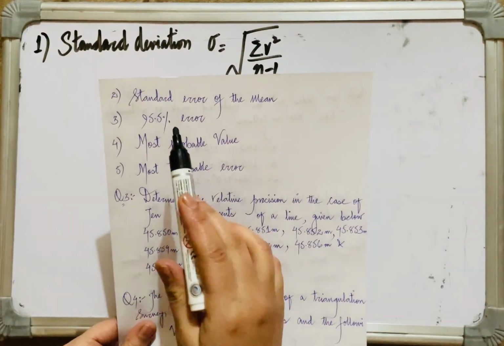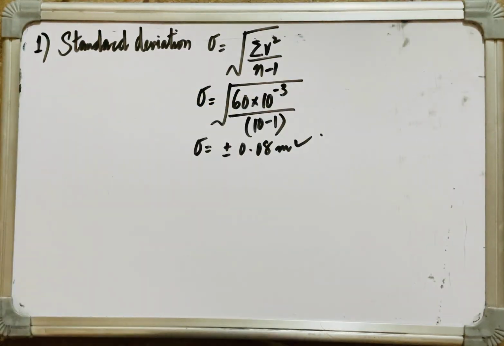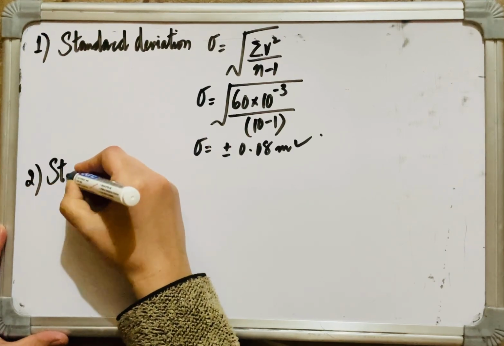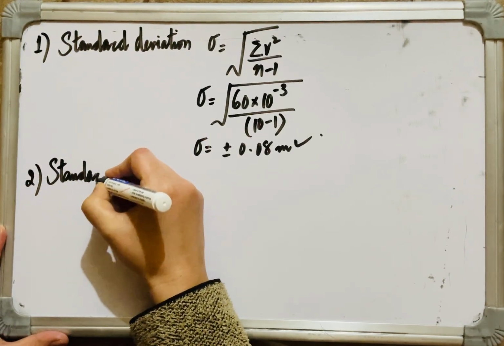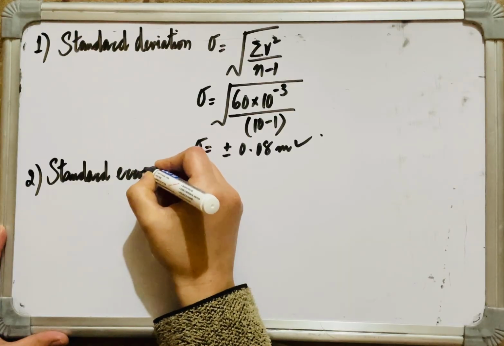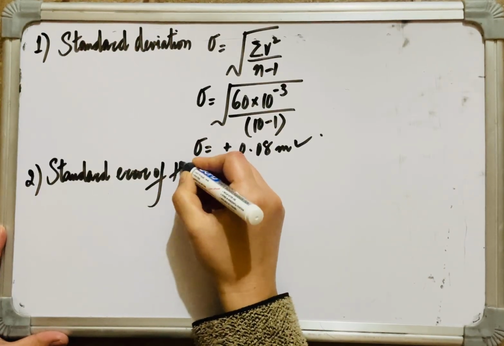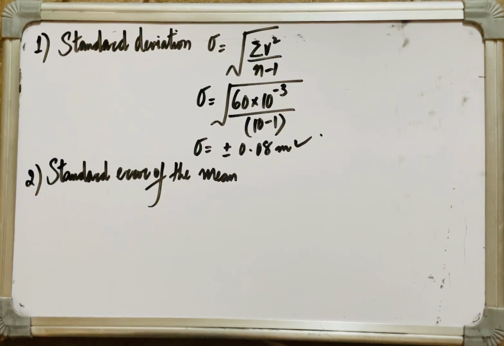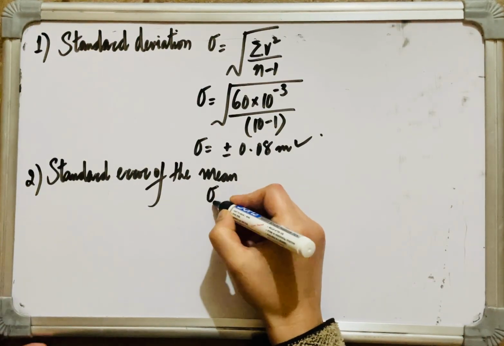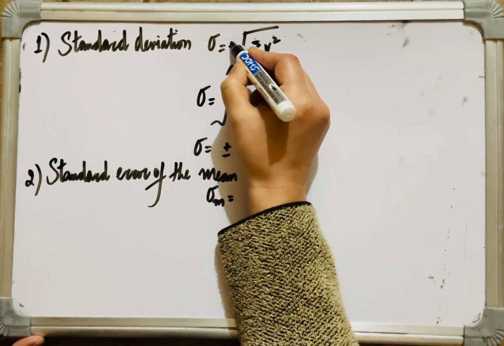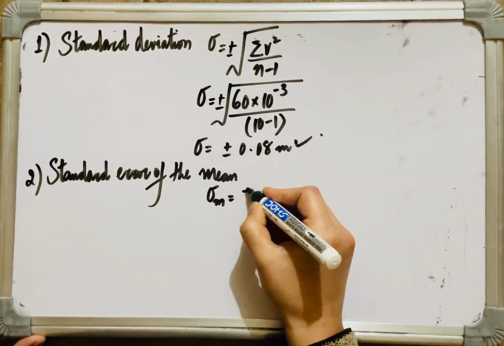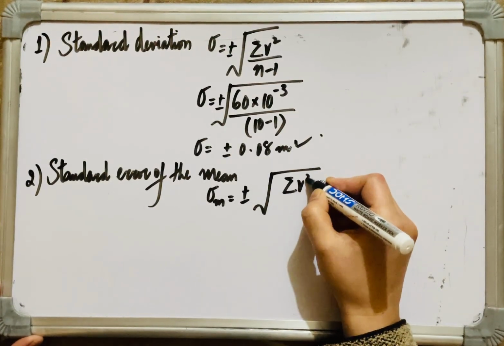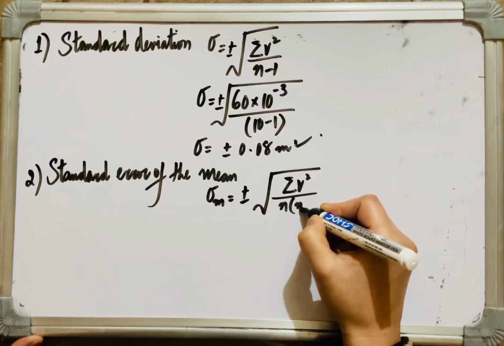Secondly, we have to calculate the standard error of the mean. The standard error of the mean is given by sigma m, which is plus minus the square root of the summation of v square divided by n into n minus 1.